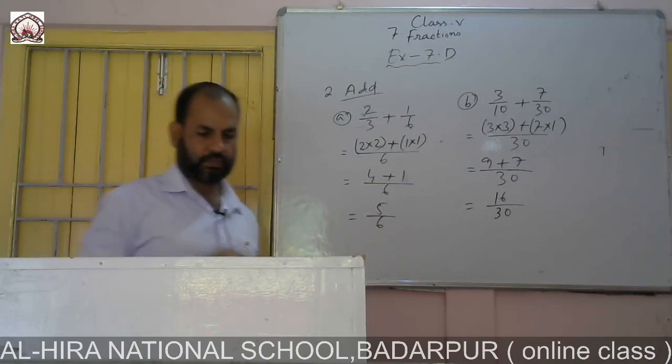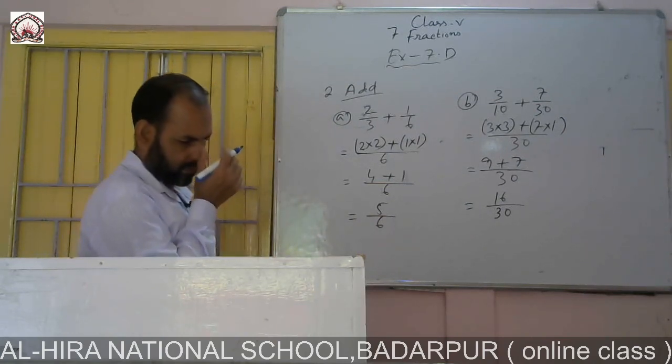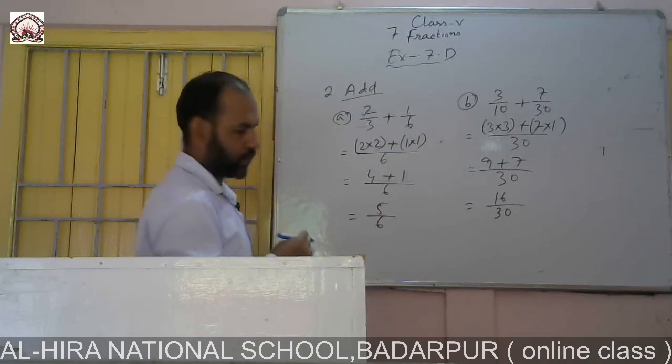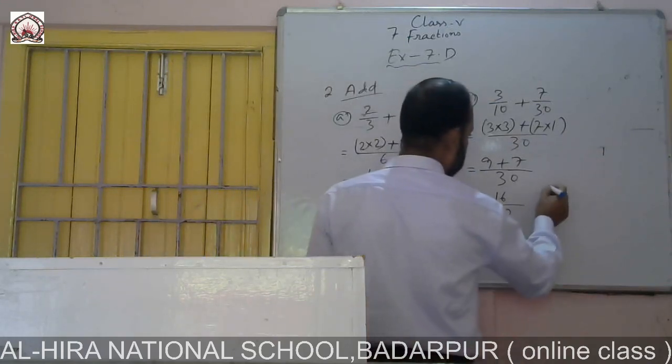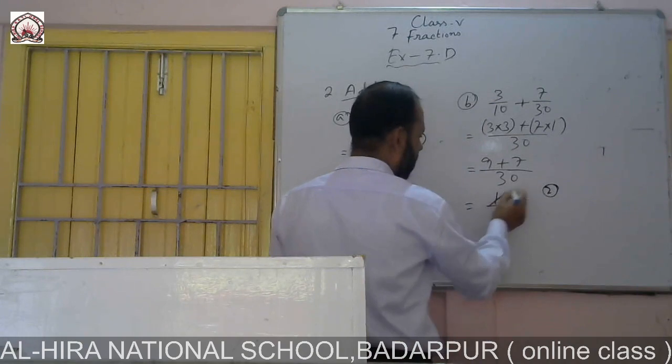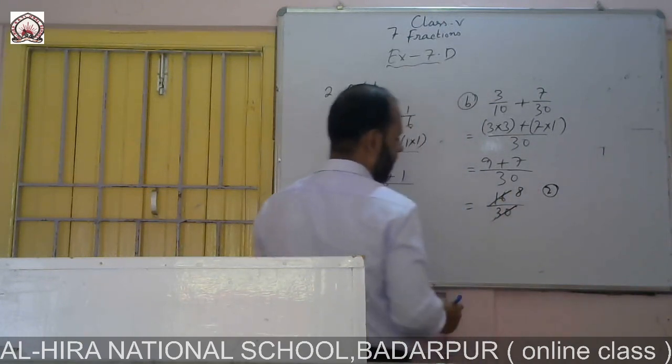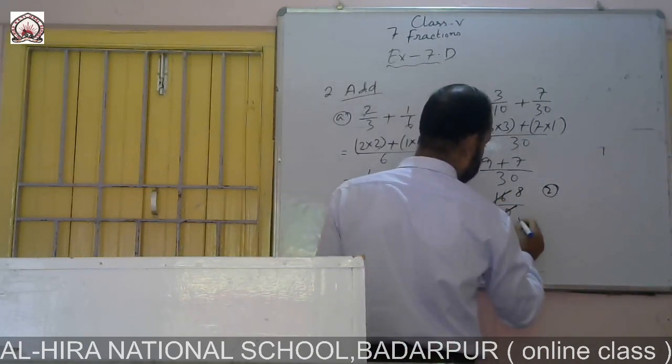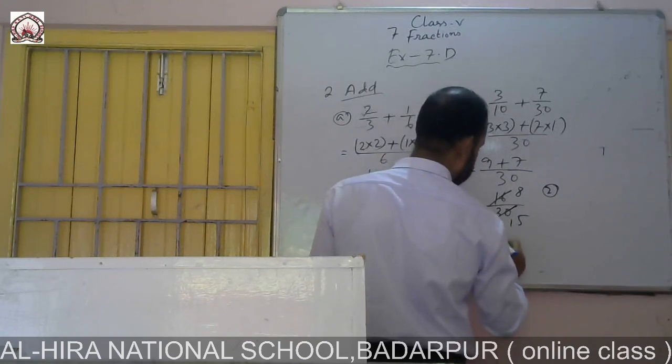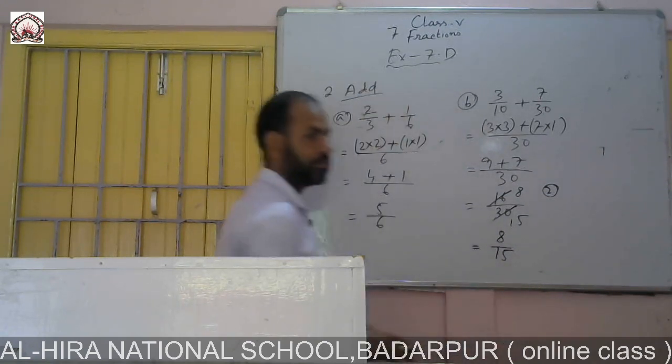Now we can cut by 2. 2 8s are 16 and 2 15s are 30. Answer is 8 by 15.